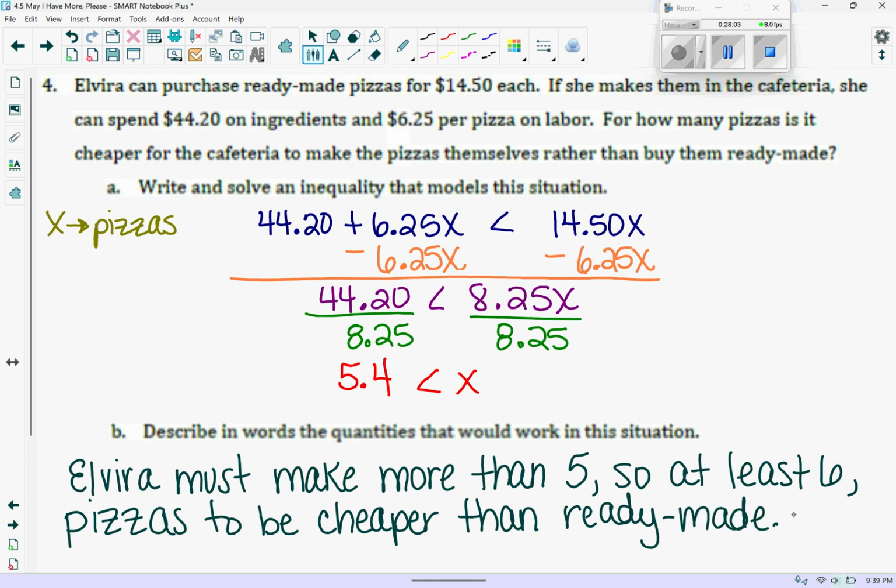Now, if you think about how many pizzas they make in the cafeteria, she's definitely going to be fine because they definitely make more than 5 pizzas, okay, to feed kids pizza.